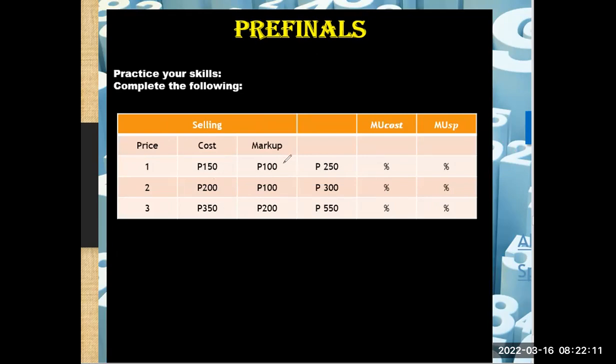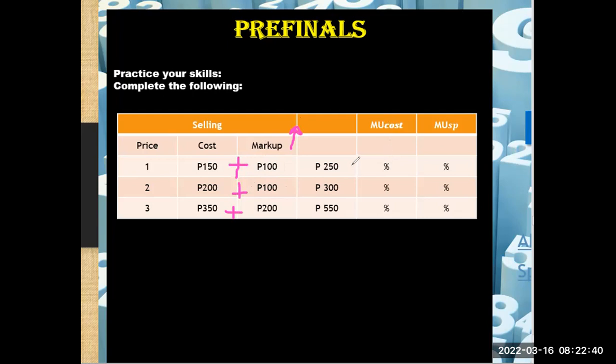Next, the markup, which is the increase from the cost, is 100 for product 1, and 100 also for product 2. Product 3 is 200. Now, we have to add all. So how do we compute the markup on cost?